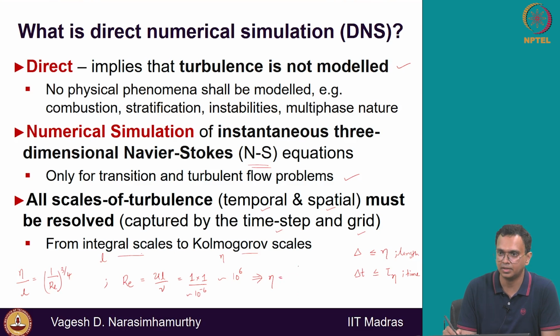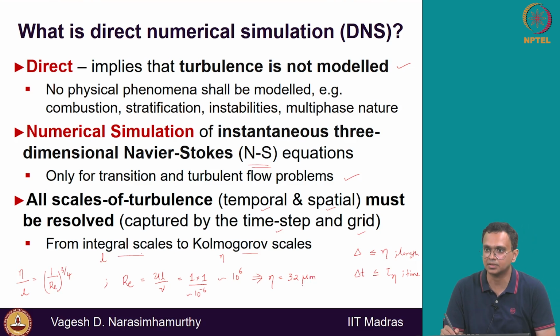If you have a calculator, it will be in a few micrometers. You got 32 micrometers. Okay. So you can see, for a 1 meter length, this is the smallest mesh that you would need in this flow.